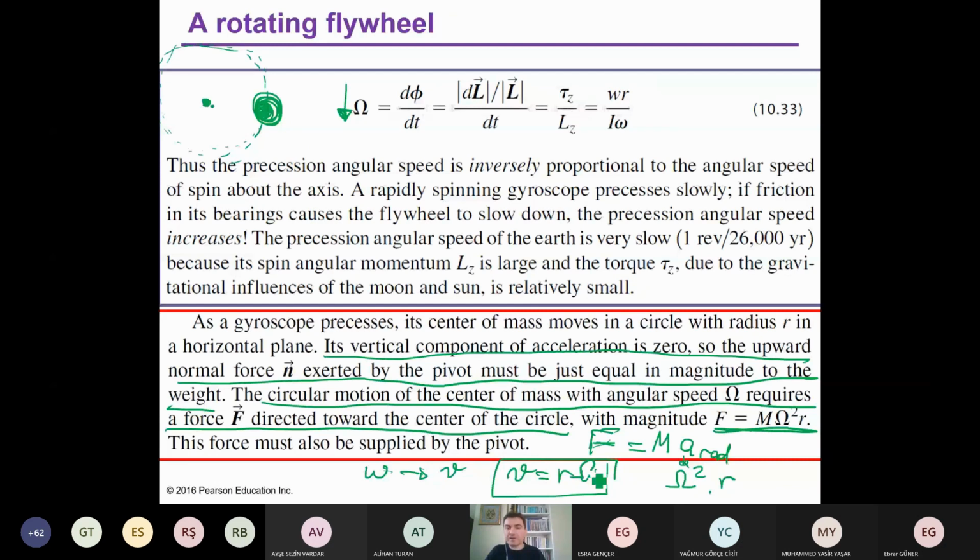Okay, so what about the angular acceleration? We also have a relation between angular acceleration and linear acceleration. Okay, then you can write this expression. If you put it there, finally, the force will be given with this expression. So this force must be supplied by the pivot.